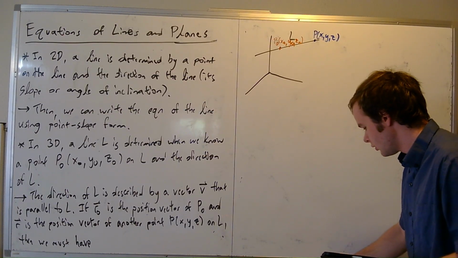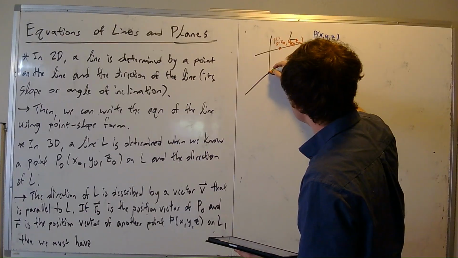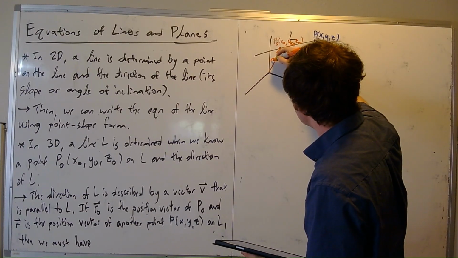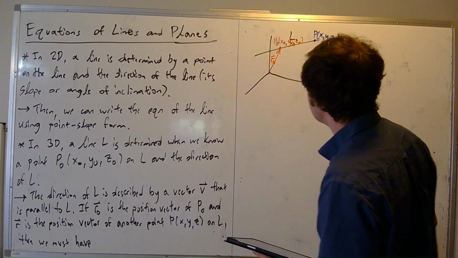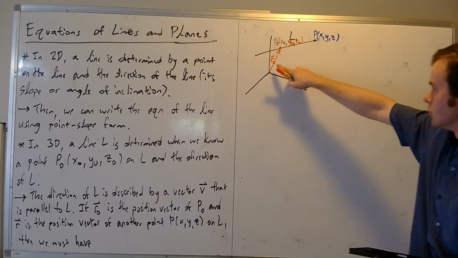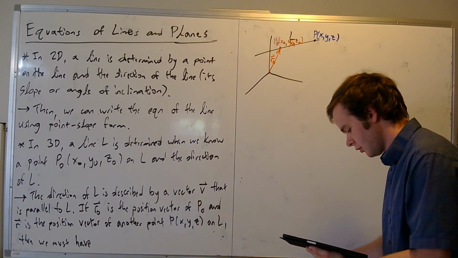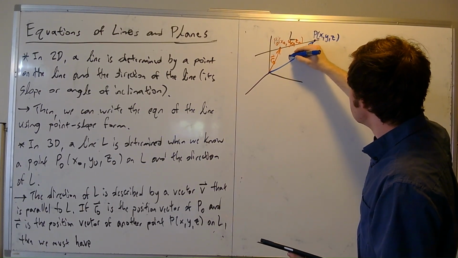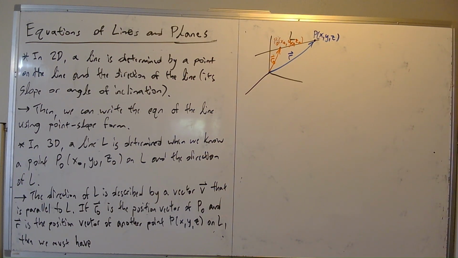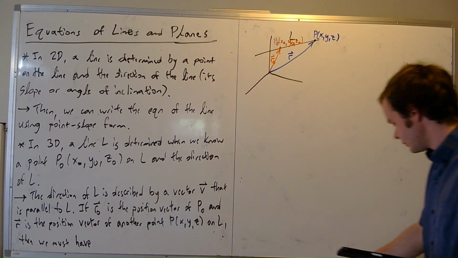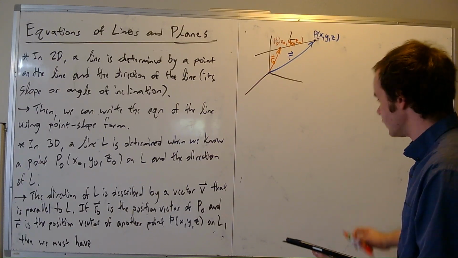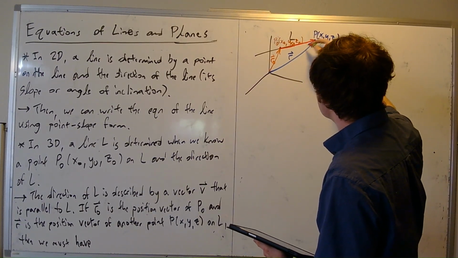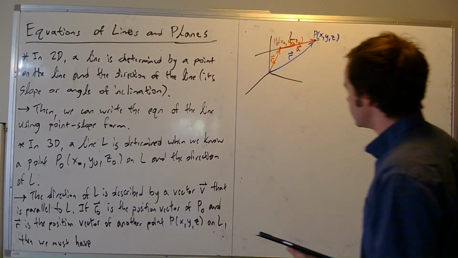Then we said here that r0 is going to be the vector from the origin to P0. So this is r0. It's a little bit hard to read there, but that's r0. And the second vector that we labeled here was the vector r, which goes from the origin to the point P. And if we connect the 2 points, let's call this vector A, where we connect the 2 points.